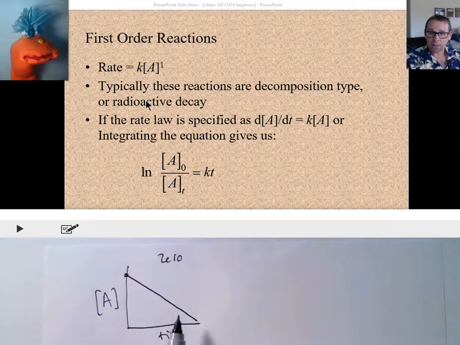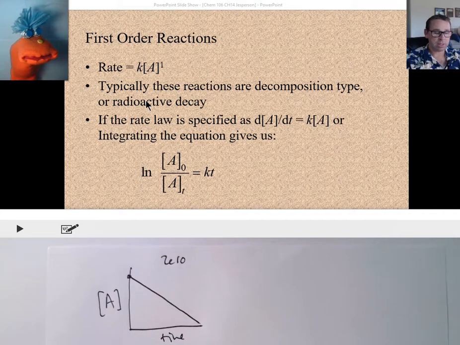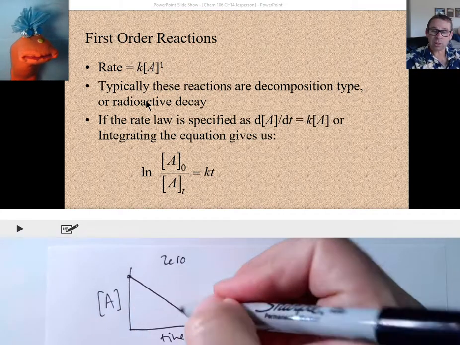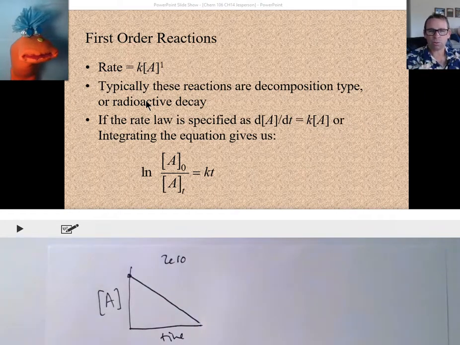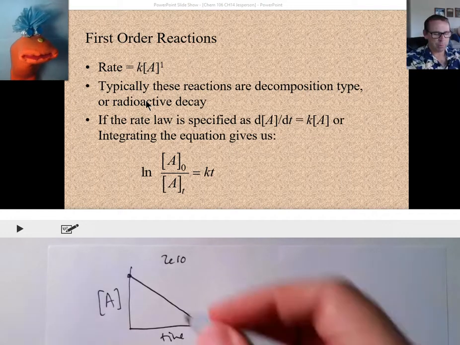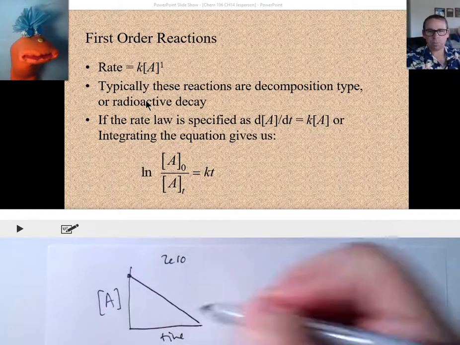Because that rate, change in y over change in x, molar per second, is the rate at which the concentration of A is disappearing. So the slope is that rate, and that's why we can use the zero order integrated rate law to identify the relative concentrations at any given moment in time.